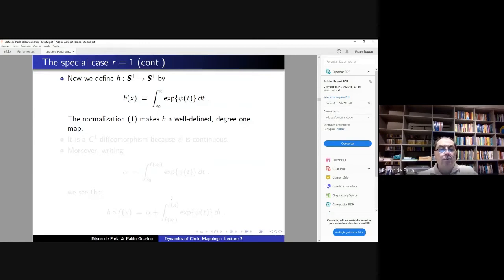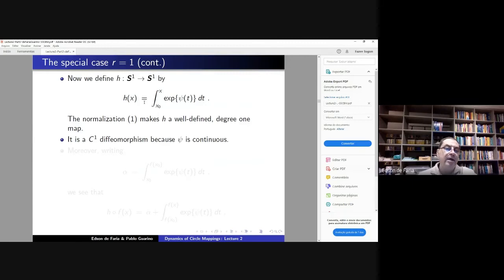All right, so first of all, this is going to be a C1 diffeo because psi is continuous. One thing you should check is that H is well defined. So you see, if you go and try to calculate H of x0 plus 1, well, x0 plus 1 mod 1, you're back to x0, right?